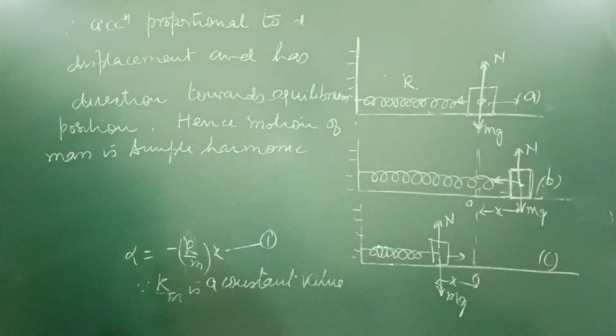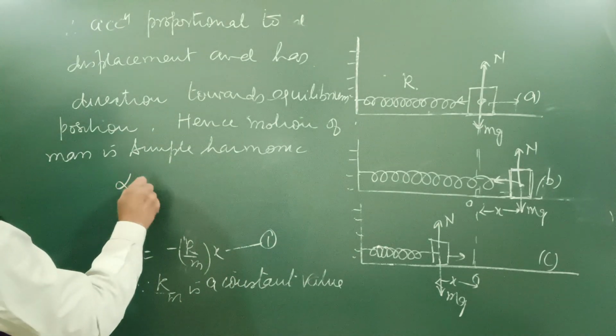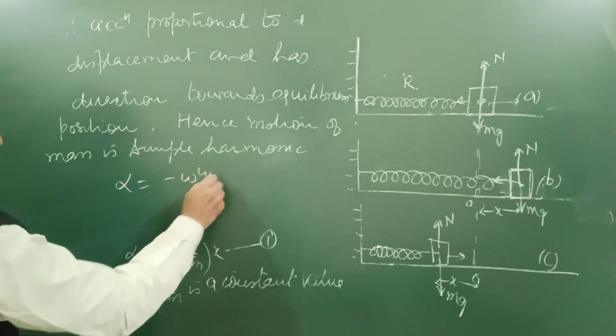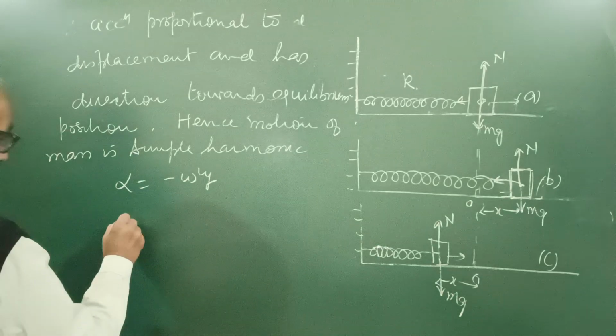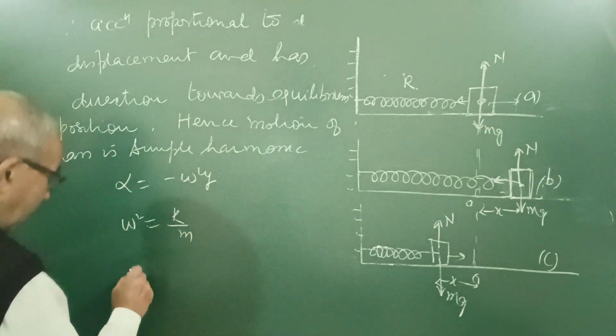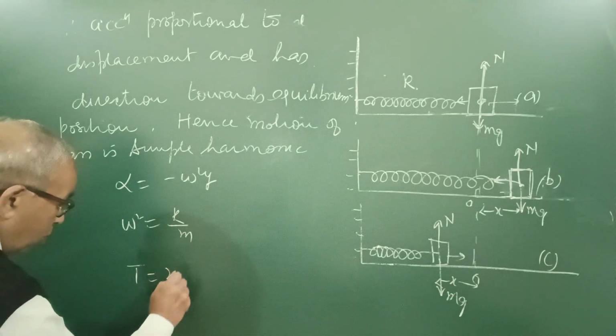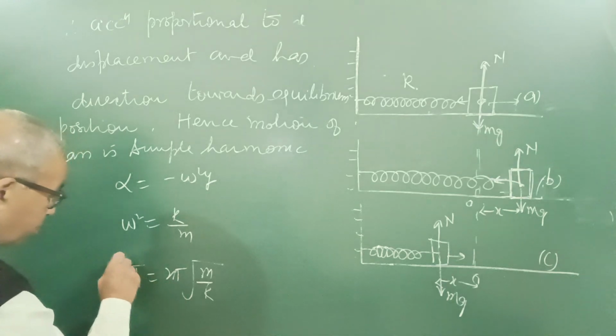Comparing equation 1 with the equation of SHM, minus omega square y, we get omega square equal to k by m, and T is equal to 2 pi upon omega, so again T equals 2 pi under root m upon k.